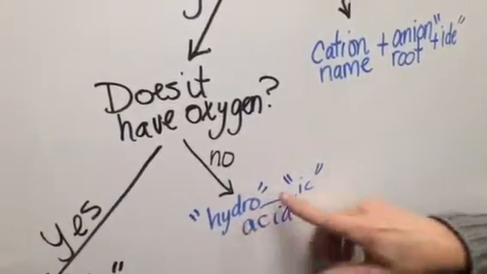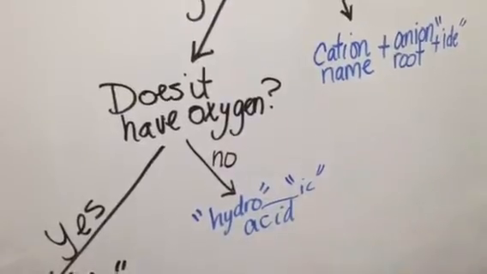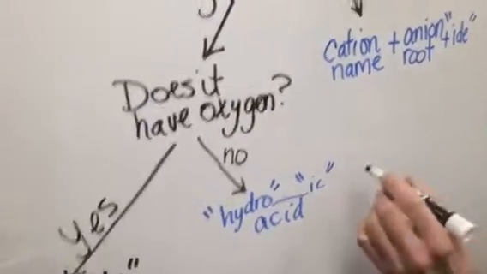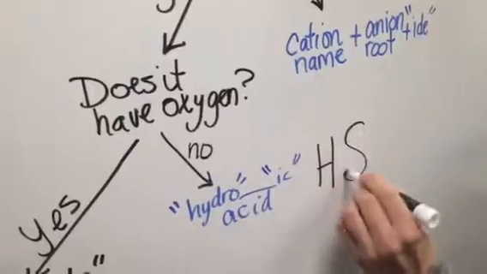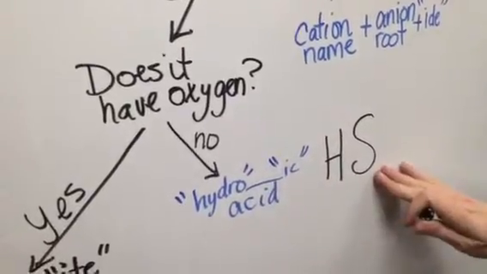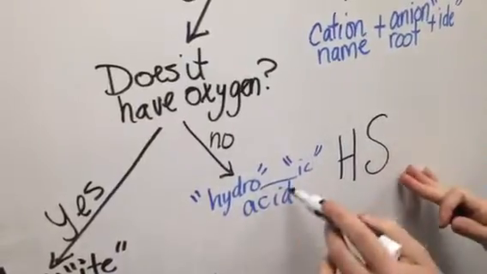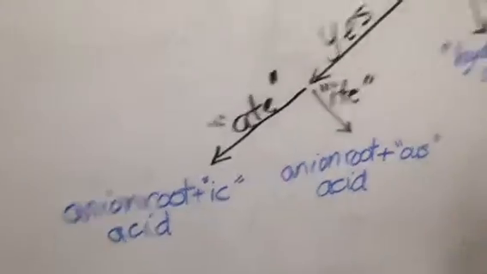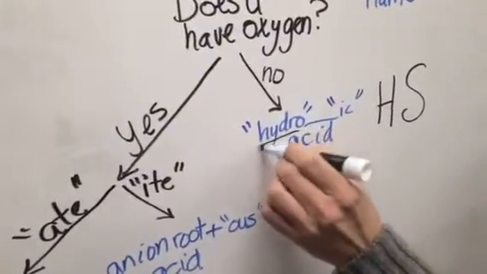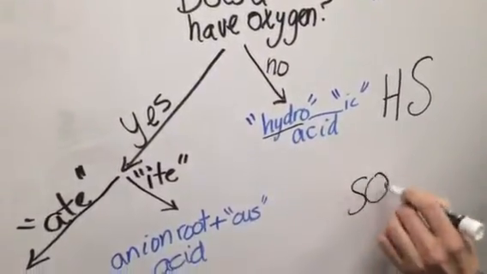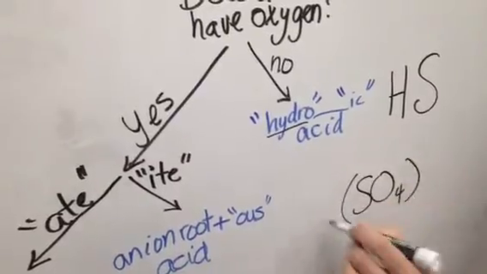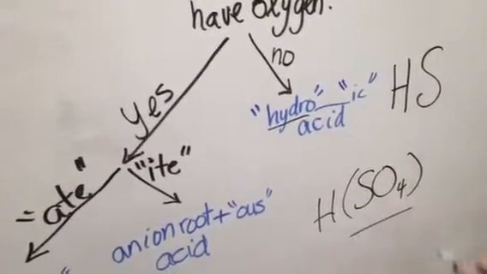So hydrosulfuric acid means that you've got basically a hydrogen in front of an S. And the difference between hydrosulfuric acid and sulfuric acid is when you lose the hydro, that's saying that it's SO4. Okay?